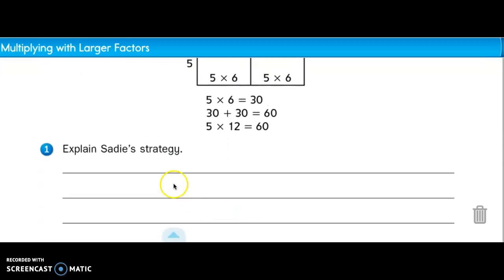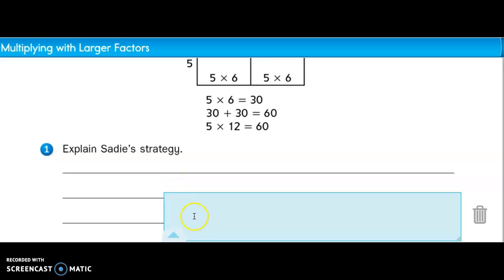So basically right here, you are going to type the strategy, and I'm just going to write the strategy right here. So I would write, she used doubling.